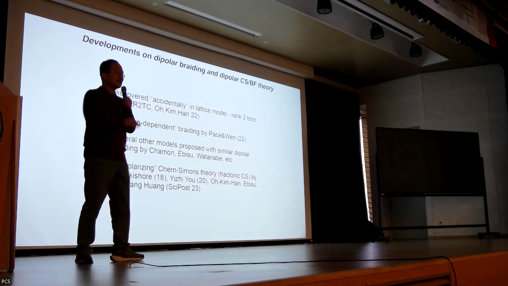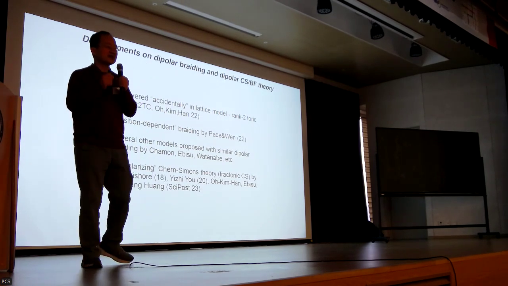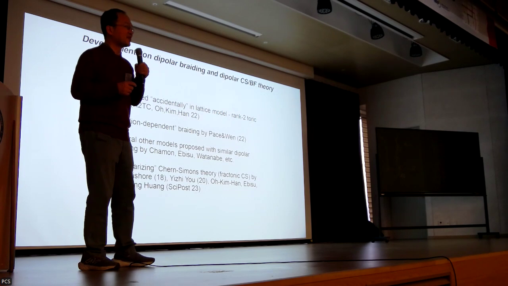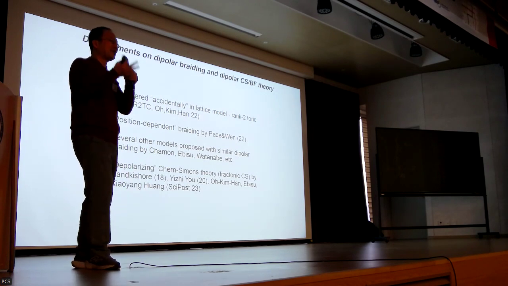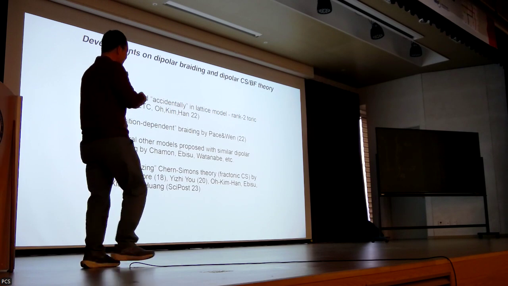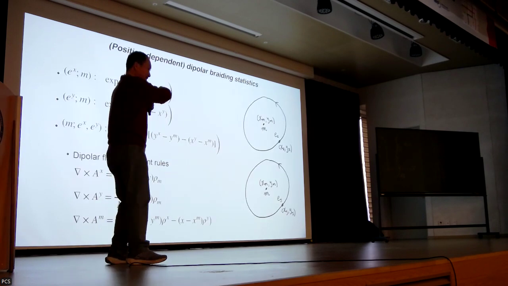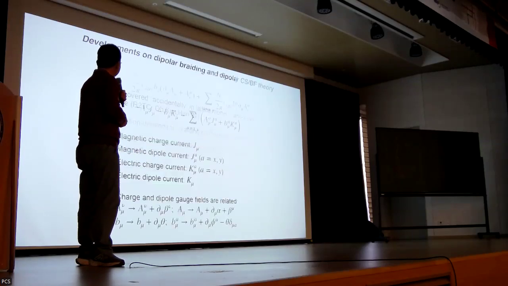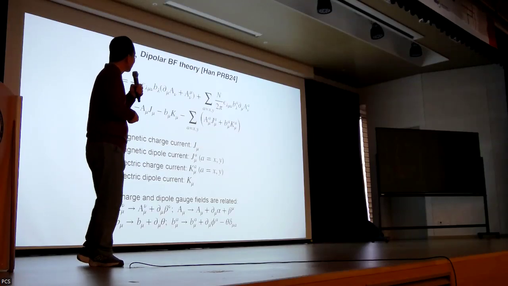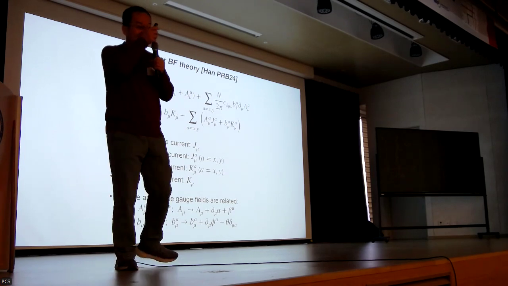And all of these efforts in the past have motivated me to come up with my own version of the dipolar BF theory, which can account for all of these interesting grading statistics. And that looks like that.